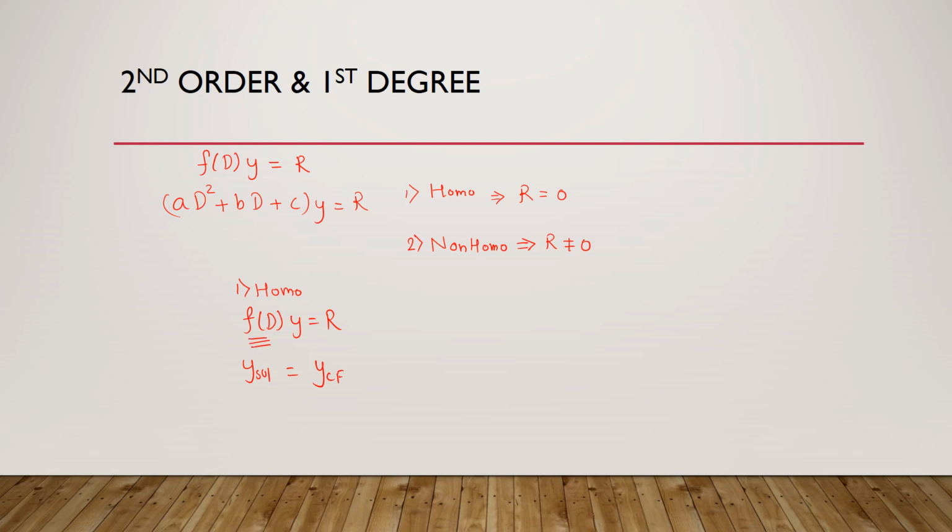So let's consider an example. We will look at the types of roots which we obtain from the function f(D). Since we are considering a second order differential equation, we will obtain two roots, that is m1 and m2.